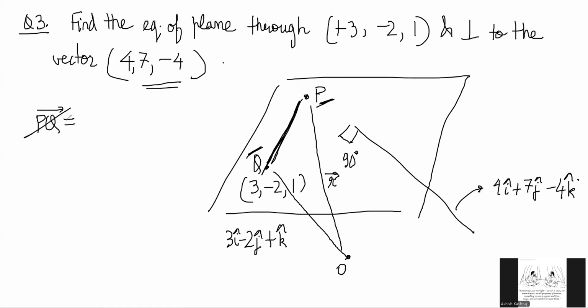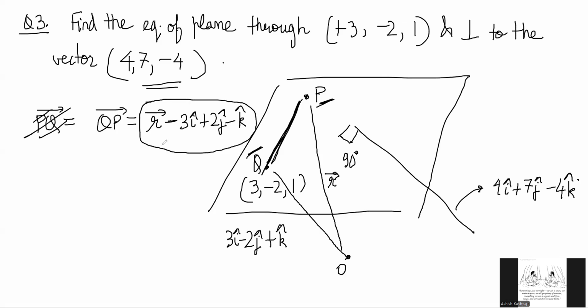Or you can write it as QP vector. QP vector would be r minus position vector of P, which is 3i minus 2j plus k. So this vector r minus this is totally in the plane. So therefore QP is perpendicular to this vector, which is the normal vector, right? So 4i plus 7j minus 4k.